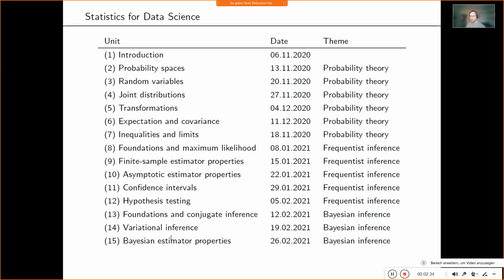I sent around a link to last year's course. You will notice that things were a little bit different there. We had one session on non-parametric inference. I took that out. There is a whole course on non-parametric inference by Frank Konietschke, which I am aware that data science students can choose.